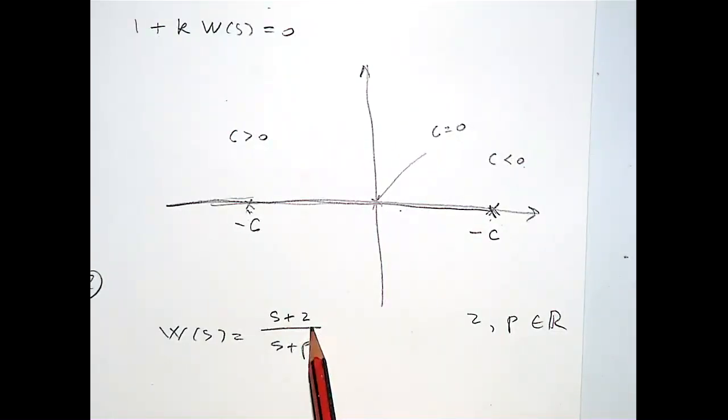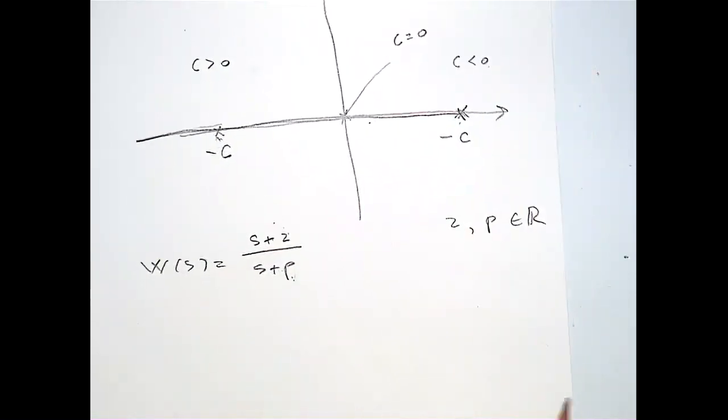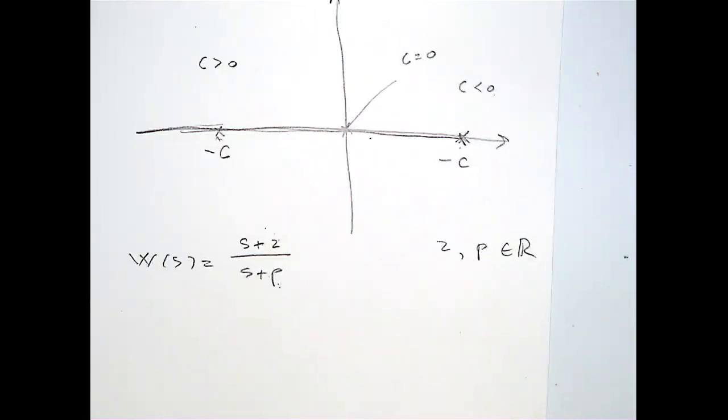If z and p are both positive, we will have a stable zero and a stable pole. If both are negative, we will have an unstable zero and an unstable pole. All right, let's consider different cases. What happens here? By the way, how many asymptotes would we have here?